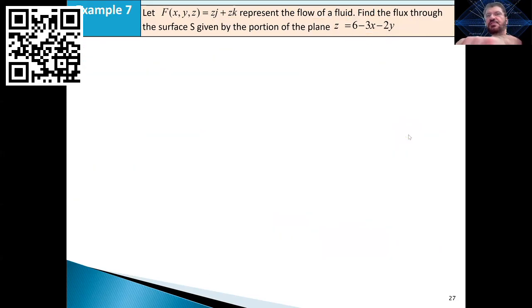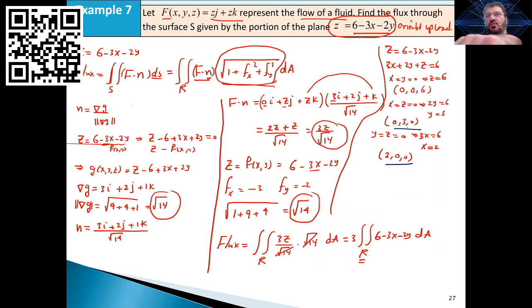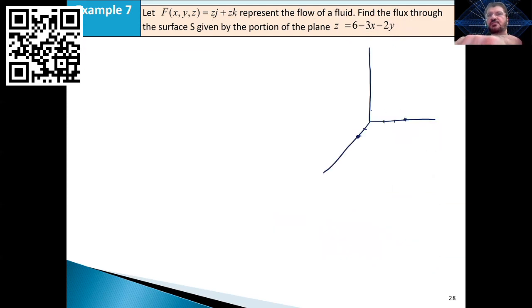For y, (0, 3, 0). And for z, we have (0, 0, 6): 1, 2, 3, 4, 5, and 6. Here is 6, so this is the third point. Remember, we graphed something similar before. So you go straight down to this, then straight to this guy, and straight up. What do we have again? We have a pyramid. So this is our surface, guys.